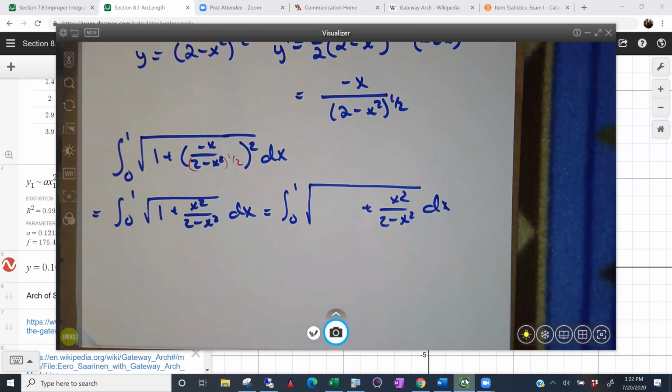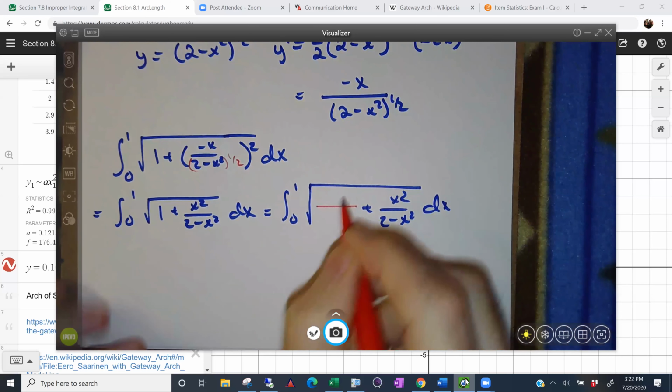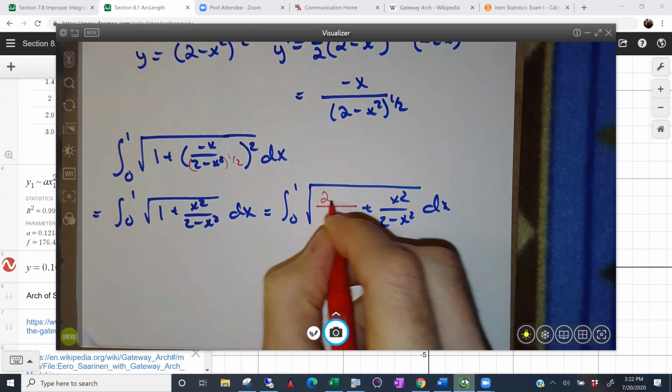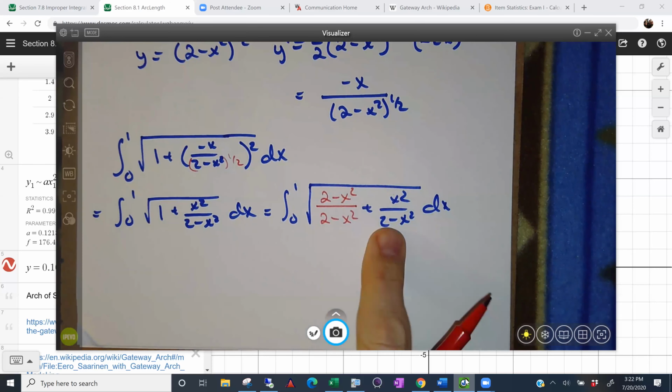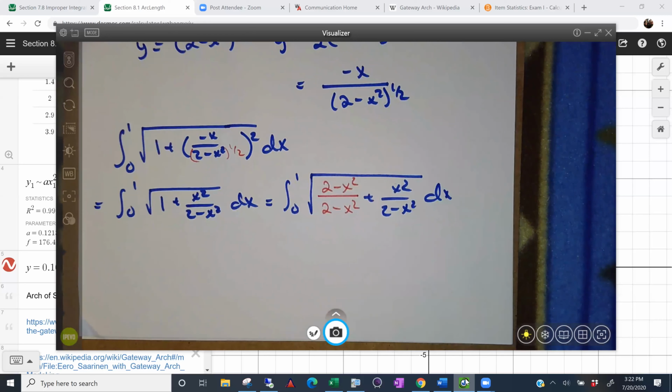Perfect. So let's write this in red to really get your attention if you were reviewing these notes. Common denominator is going to be 2 minus x squared. That's not so bad.